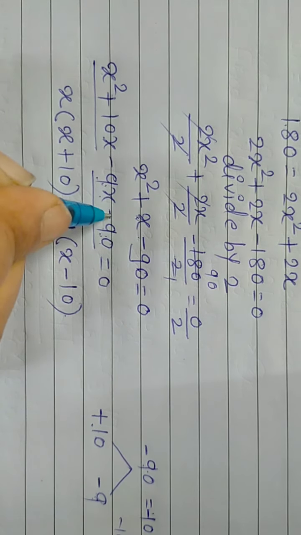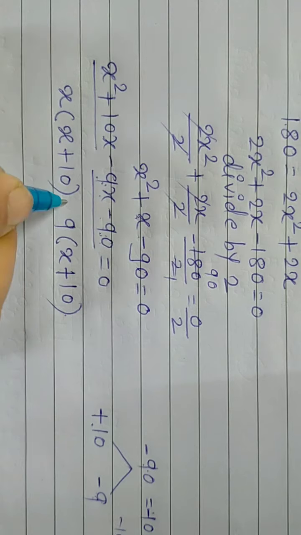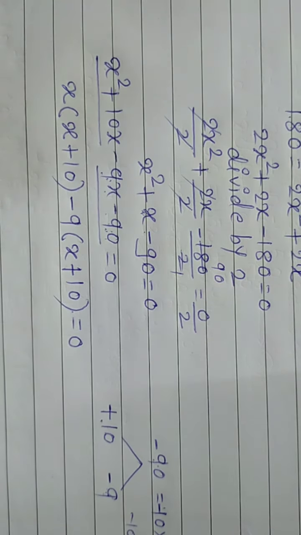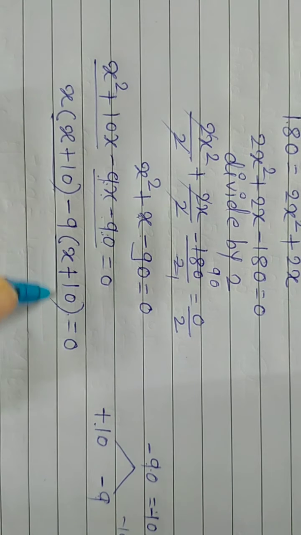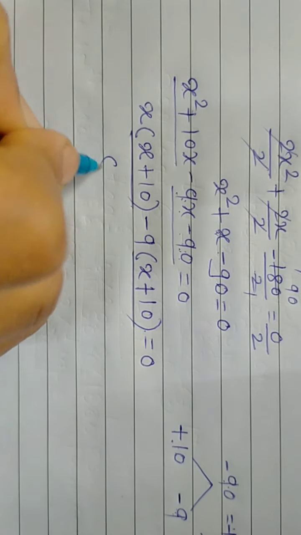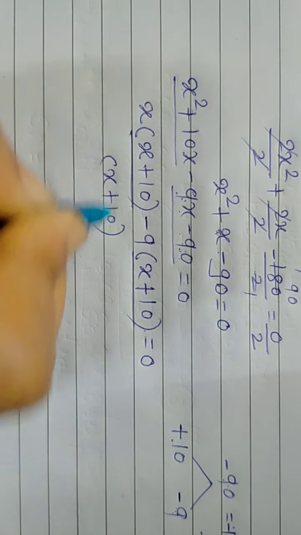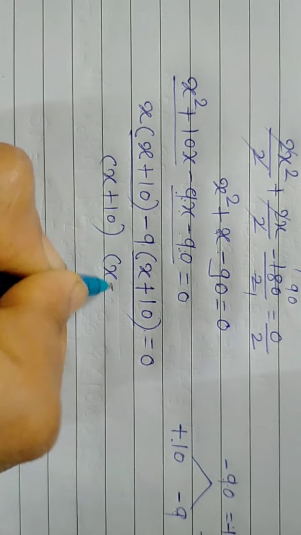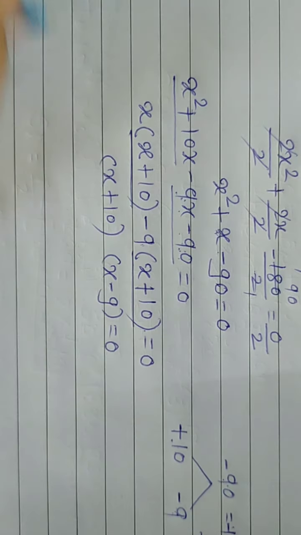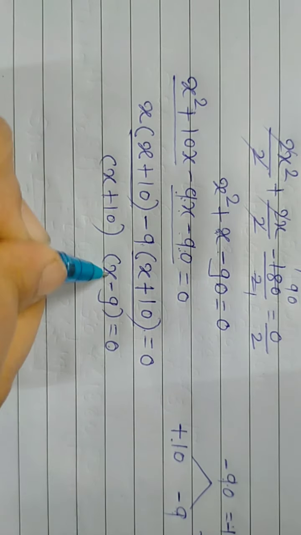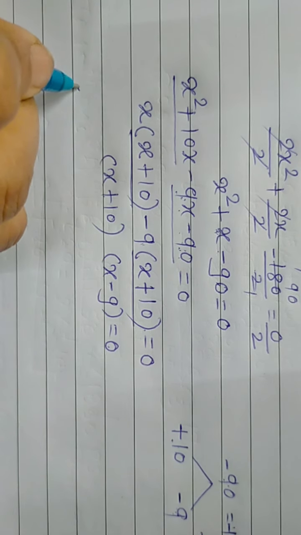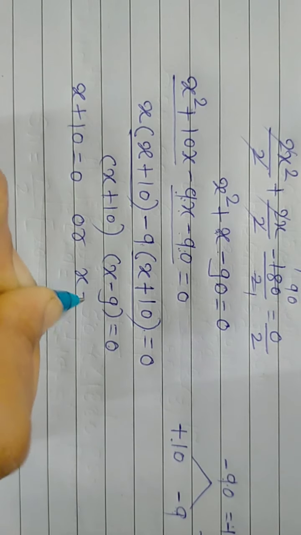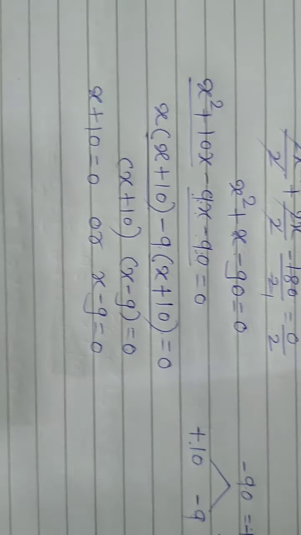Then in this group, x square plus 10x, take x as the common factor. In the bracket, what is remaining? x plus 10 is remaining. In the second group, 9x minus 90, take 9 as the common factor. In the bracket, x minus 9 divided by 90 we get 10, x minus 10. But here there is a minus sign, so write down here plus and here minus, is equal to 0. See, these two brackets are similar, so write x plus 10 one time, and in the other bracket write the remaining terms x and minus 9, is equal to 0. So one bracket equals 0 and the second bracket equals 0 separately. x plus 10 is equal to 0 or x minus 9 is equal to 0.